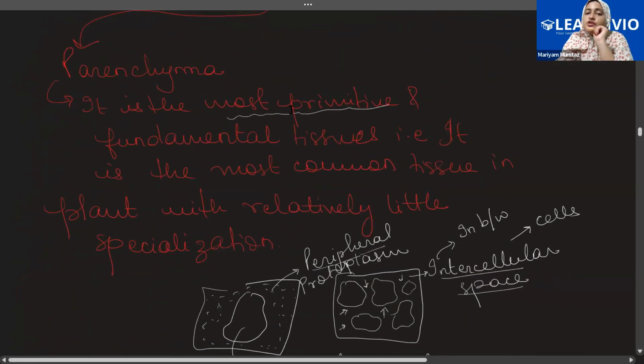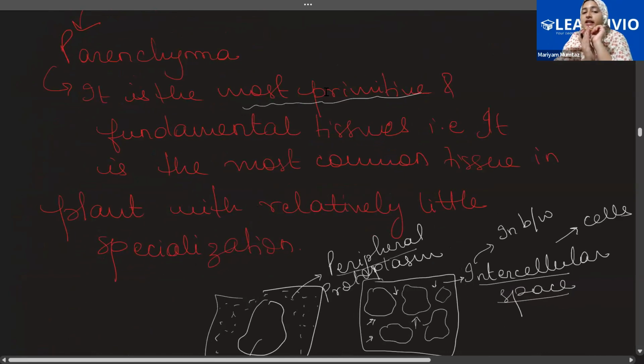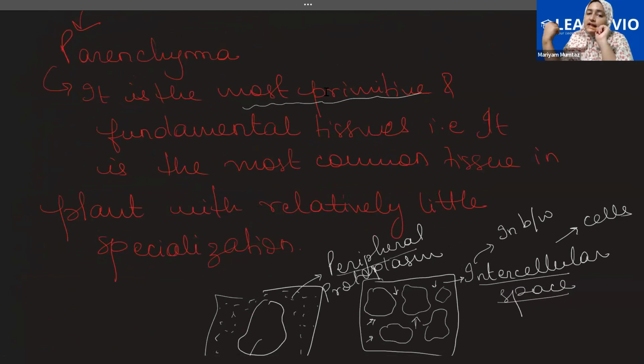This one is the most primitive, meaning it was formed earlier than any other tissue. So it is very primitive and it is a fundamental tissue. Fundamental tissue means that it is the basic necessity of the plant. If this tissue is not there, then the plant will suffer a lot.